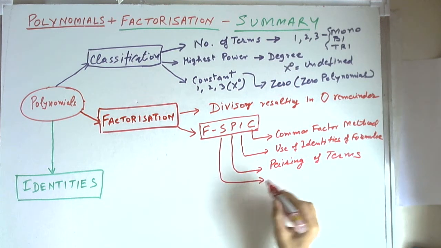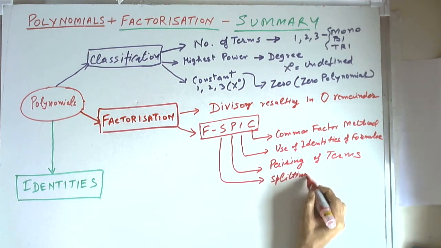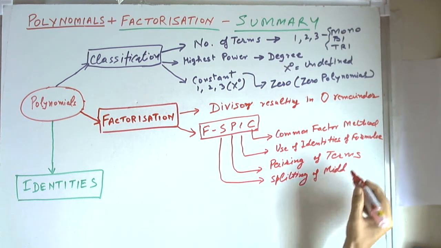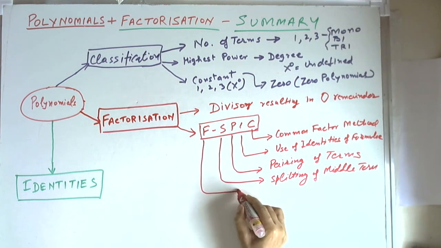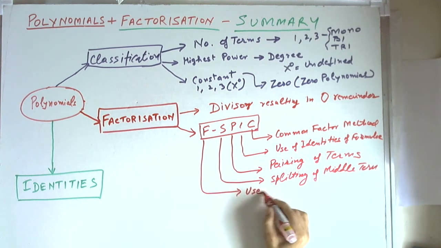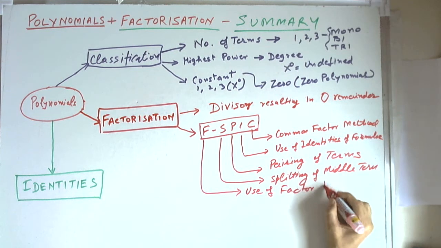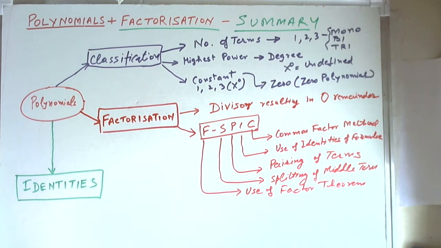S is by splitting of the middle term. And F is use of the factor theorem. So remember FSPIC, F for factorization, and these are the 5 methods.